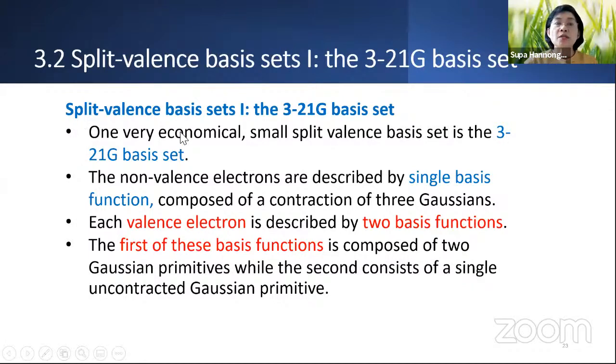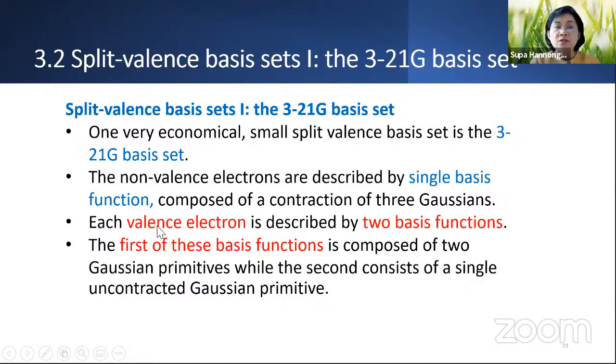It's a very economical, small split valence basis set. The non-valence electrons, that means electrons in the core, will be described by a single basis function composed of a contraction of 3 Gaussians.